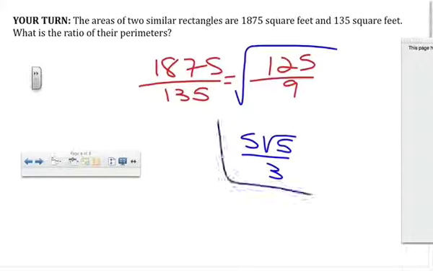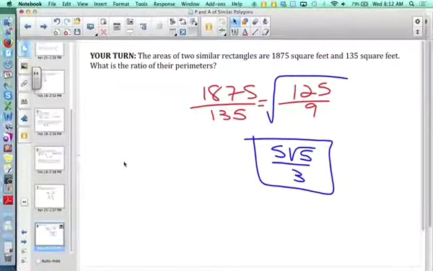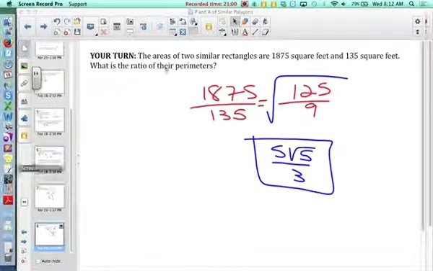And that would be my ratio of perimeters. Okay, so looking at this square root of 125, we simplified that 125 down to 25 times 5. And then you know that the square root of 25 is 5. Fantastic. All right, I have a daily quiz on Socrative that I will be activating.